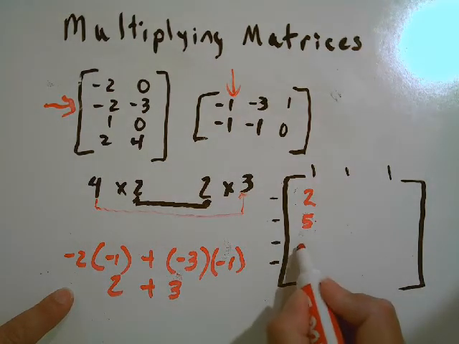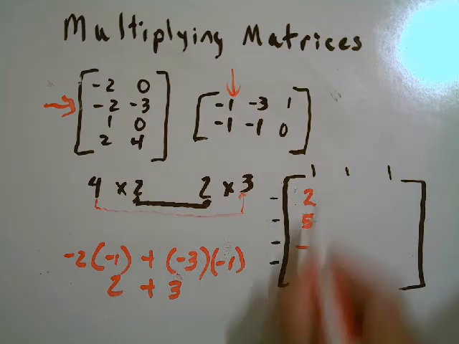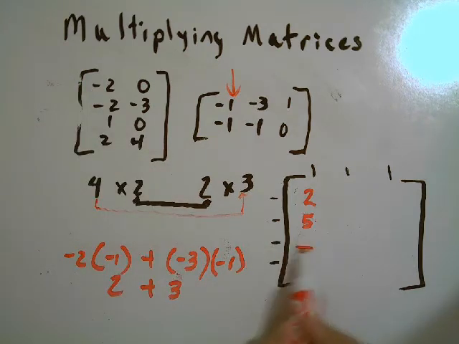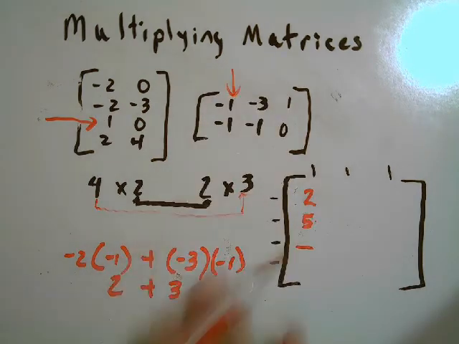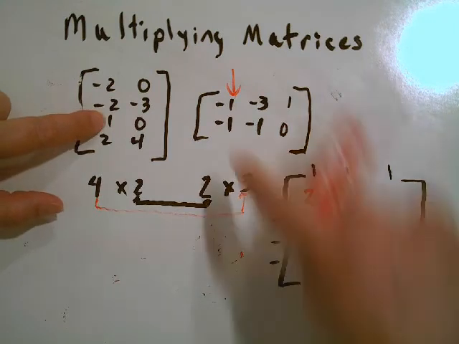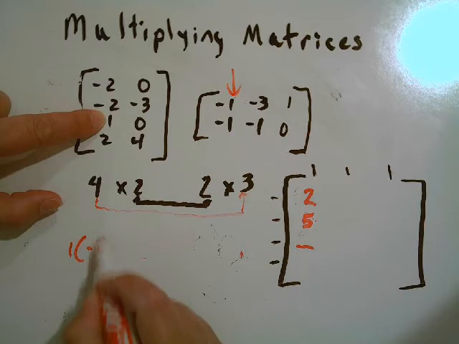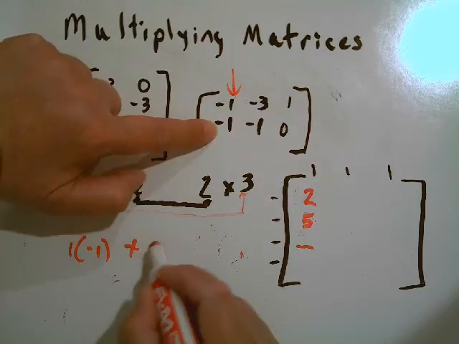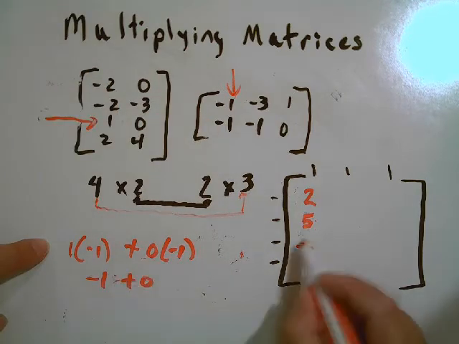The next spot I want to find is row 3, column 1. So to find the element for row 3, column 1, I'm going to use row 3 and column 1. 1 times -1 is -1, and some of you will start doing this part in your head, plus 0 times -1. -1 plus 0 is -1.